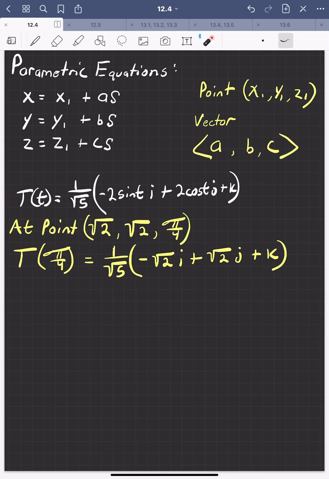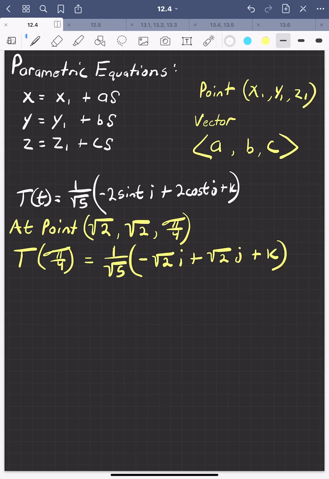So here we go. We know the point, and this is the vector that is running. Remember, it's pointing in the direction of motion, so it's going to be parallel to the line.